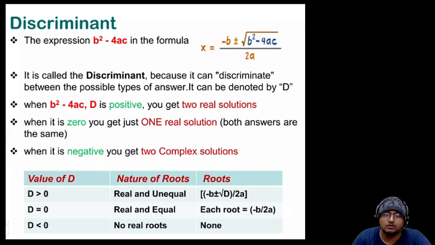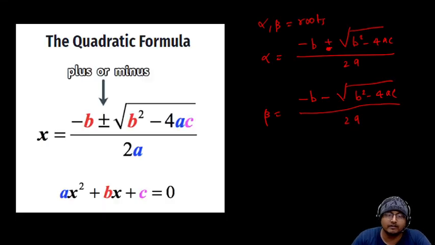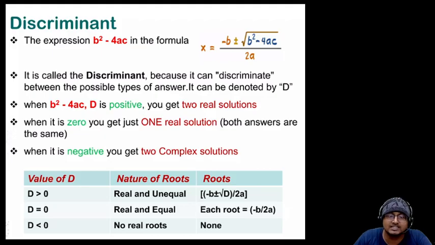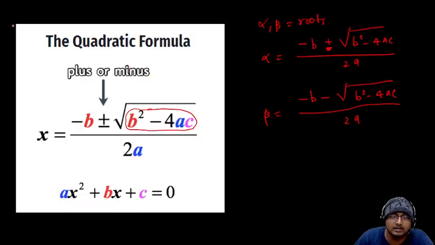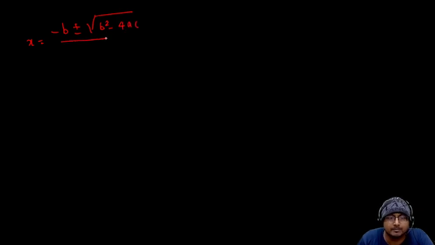Next, in the formula we have a part under the root: b square minus 4ac. That is called the discriminant. What is the discriminant? We write the formula here: x is equal to minus b plus or minus under root of b square minus 4ac by 2a.